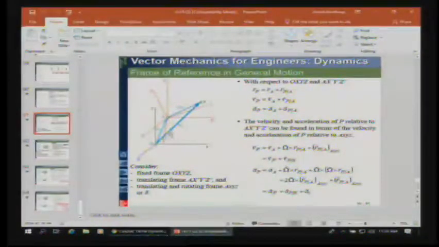So we have OXYZ, which is the fixed frame shown in the light black line here. And the frame itself, we move to this point where O translates to A, and every point on the x-axis translates with the same RA vector, direction and magnitude, to some point on the x prime axis.